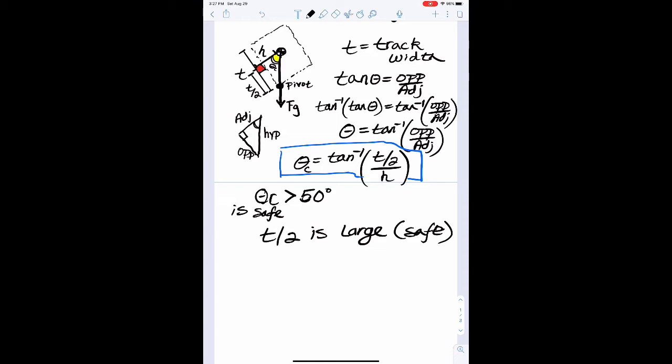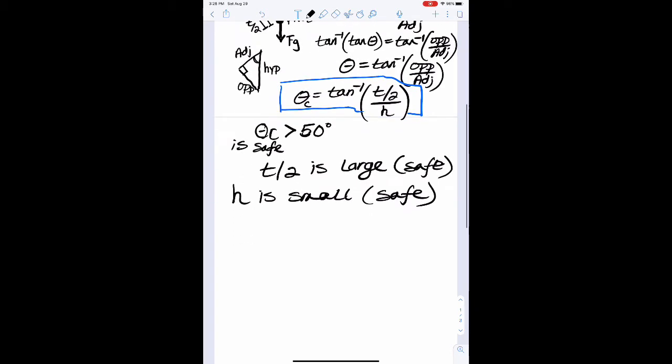And then what about the height of the center of gravity? Well, that just makes sense. We want a center of gravity that's lower to the ground. So when h is small, that is also safe. So we want vehicles that have a low center of gravity and a large track width.